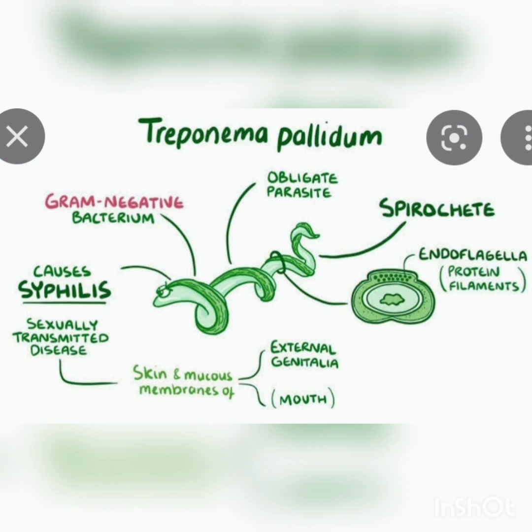VDRL, Venereal Diseases Research Laboratory, is the very commonly used test to diagnose syphilis. Let us discuss them one by one in detail.